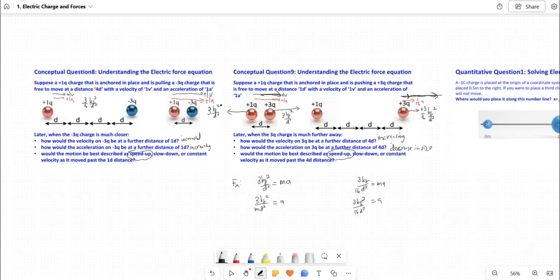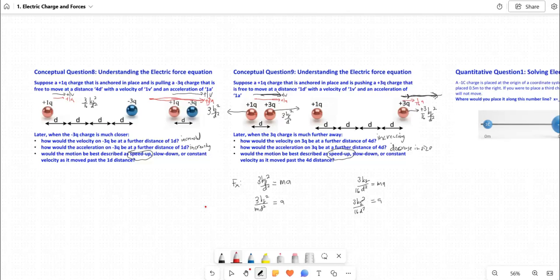Whereas over here in this red case, this guy's acceleration vector is actually increasing in size. It's actually 3 times the size of the original one. Okay? So it's very interesting how this works. So no matter what, in both cases, they're speeding up. In fact, if you had 2 charged particles in outer space, they will always be speeding up if they're the only 2 things acting on each other.